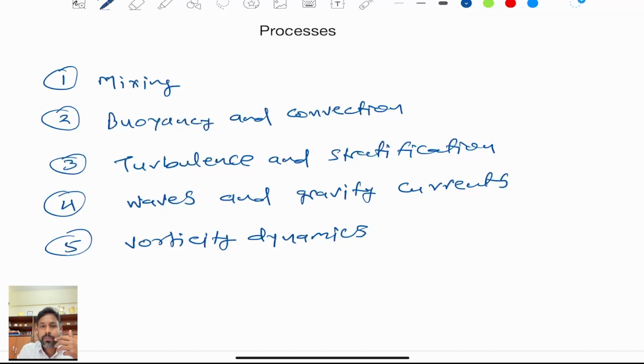So we will see how these processes influence naturally driven flows, how they influence the mixing or dilution of contaminants, how we can predict the behavior, and how we can come up with some conclusion based on these processes, right? So in the next lecture we are going to see different processes in dimensionless numbers. Thank you.